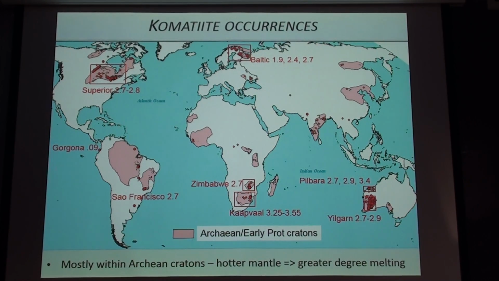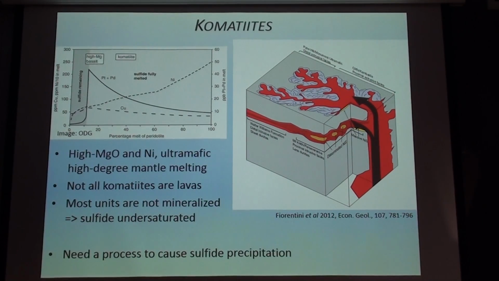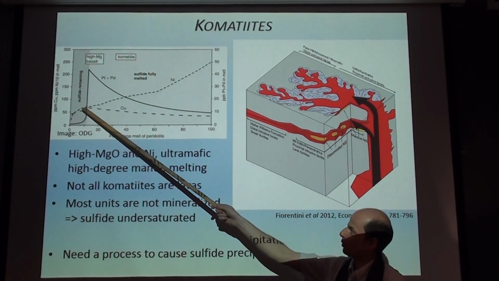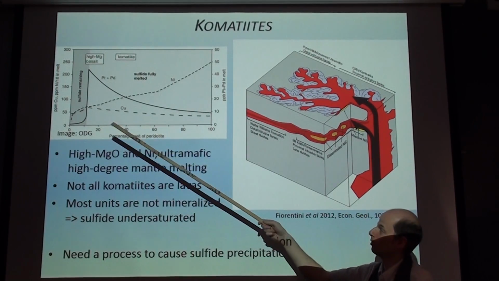And why they occurred mainly in the Archean is because during that time the Earth was hotter, the mantle was hotter, and when it melted, it could melt to a greater degree. And if you remember that plot at the beginning, in order to enrich certain elements, we have to melt more and more of the peridotite.